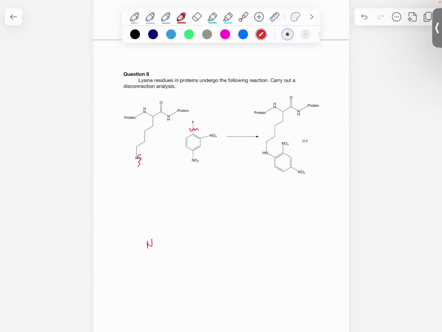And so we can draw out our star species. And then indicate which of these bonds are newly formed on our products.